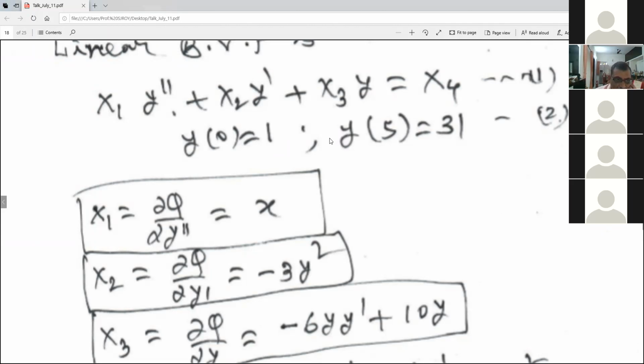Now if 6x plus 1 is there, then what is x1? x1 is x, you can find out. And then x2 is 3y square, so 6x whole square. Then with all the points you will solve the iteration system. This is a function of x, this is a function of x and y. So the first initial guess is the solution which satisfies these equations.